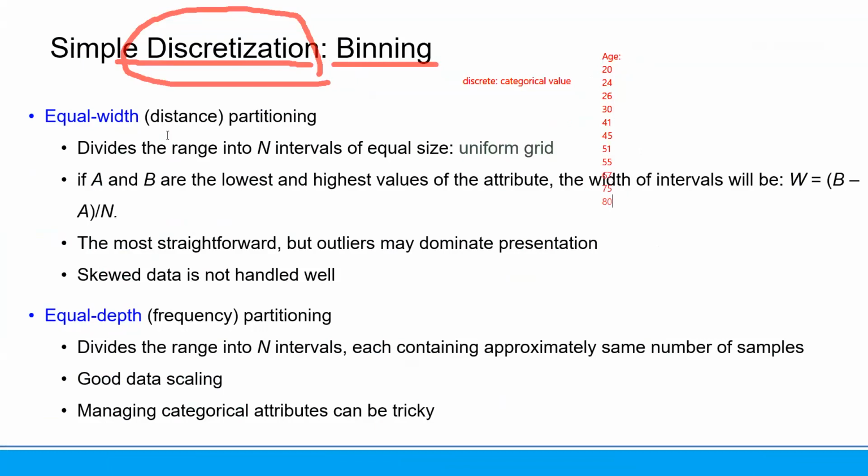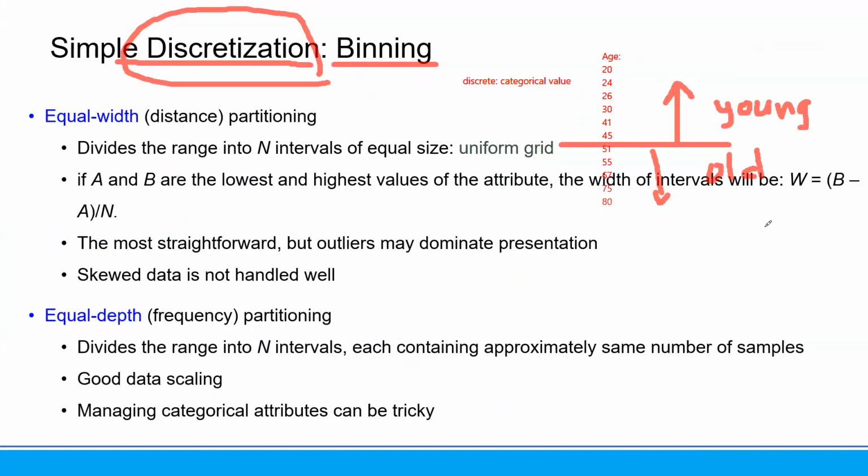So I can make a discrete value. I can split it maybe like this. If the person has an age below 50, I can say the category or the class is young. If his age is more than 50, then he is old. So we can say this is the discretization. This is the very simple one.